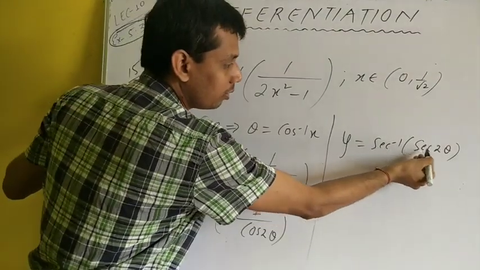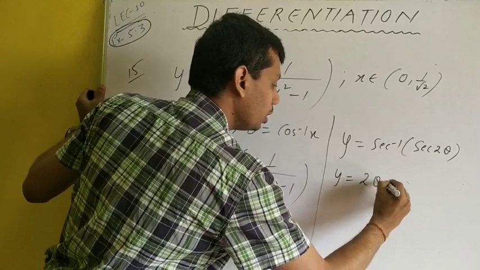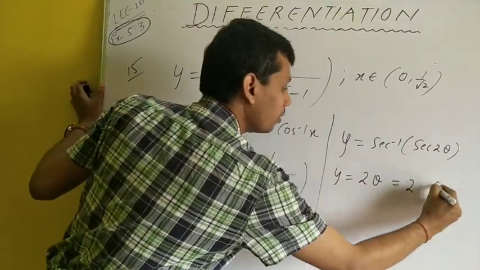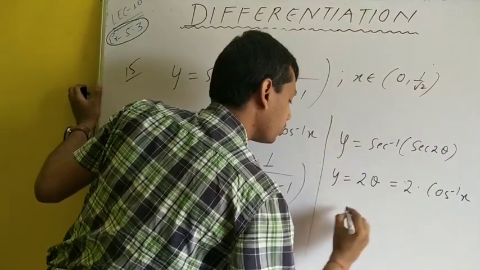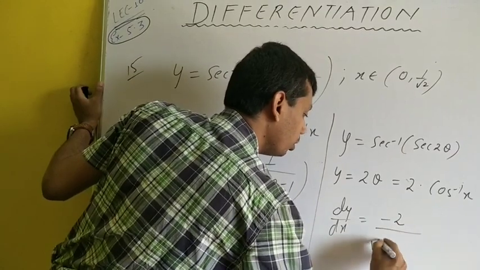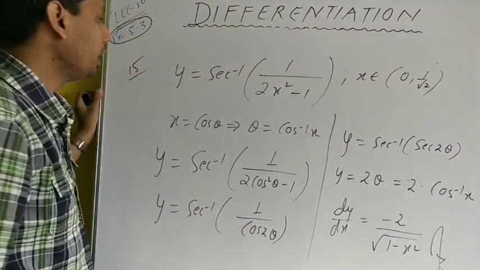Now sec inverse sec x is equal to x. So y is equal to 2 theta, or 2 times, what is the value of theta? Cos inverse x. So dy by dx will be equal to minus 2 upon root over 1 minus x square. This is the required answer.